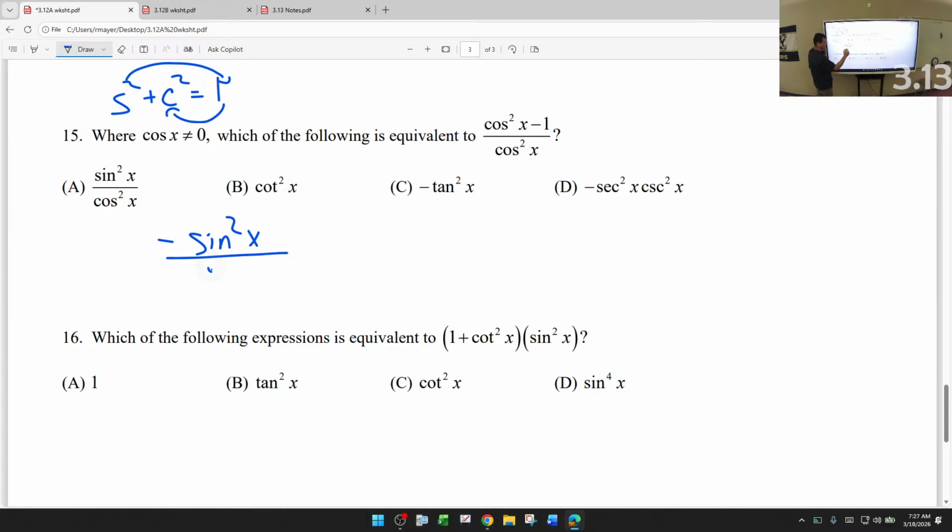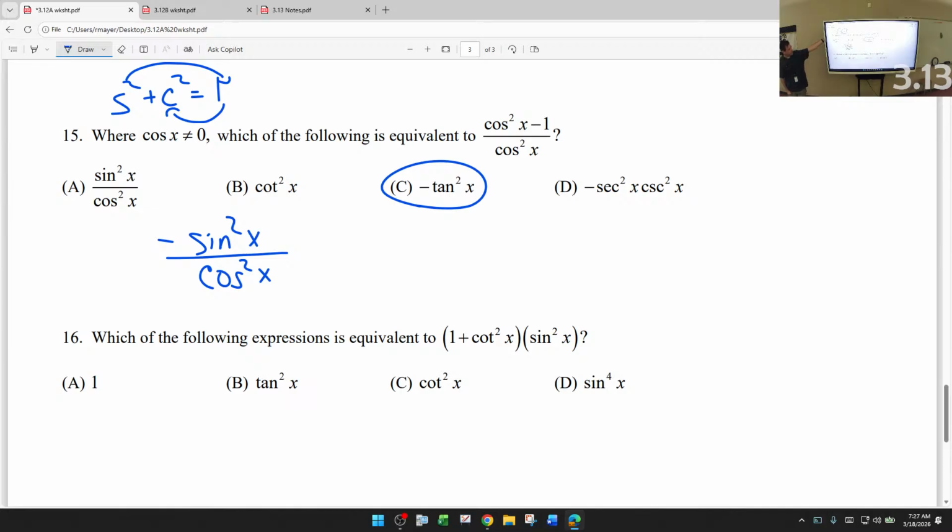And then I have it over cosine squared x. But sine squared over cosine squared is tangent squared, and so it's negative tangent squared. It will not simplify to any one of the other three.